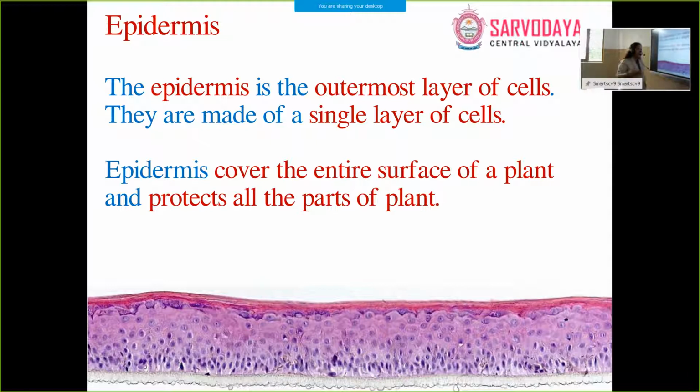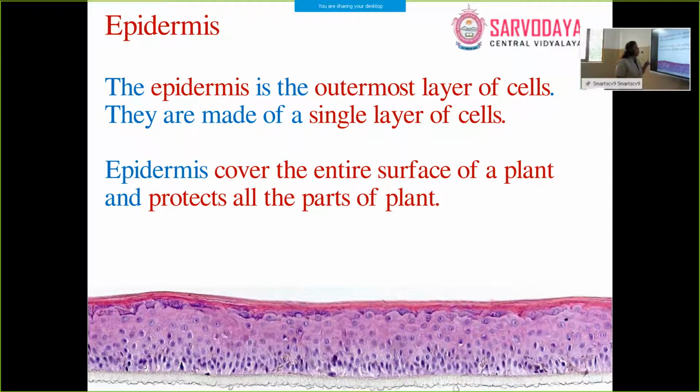Phloem has the sieve tubes, sieve cells, phloem fibers, and phloem parenchyma. All those were discussed in the previous class. So till here, you should at least go through it and make sure that you know things. Don't keep it for the last minute.